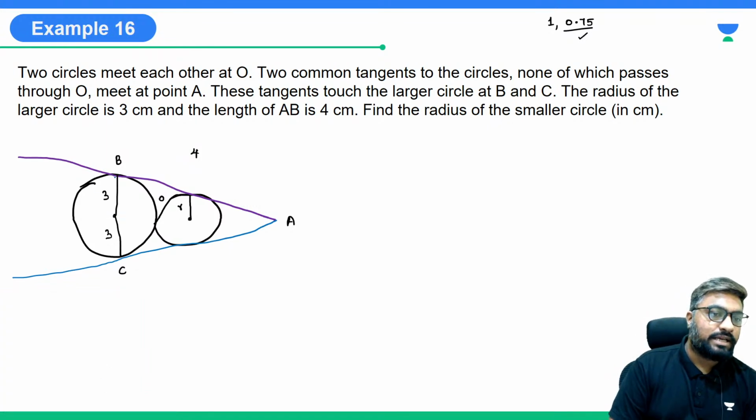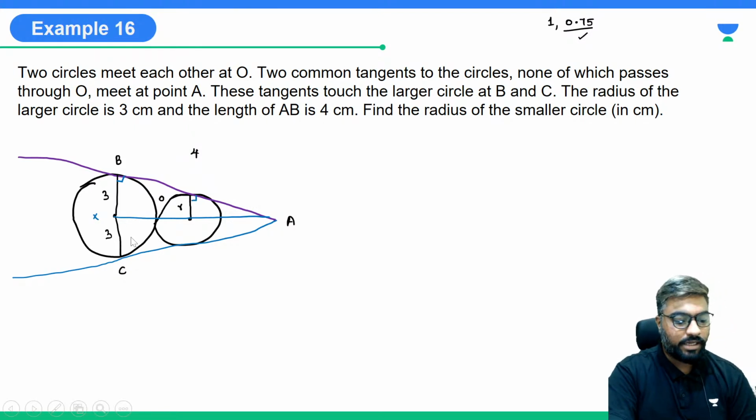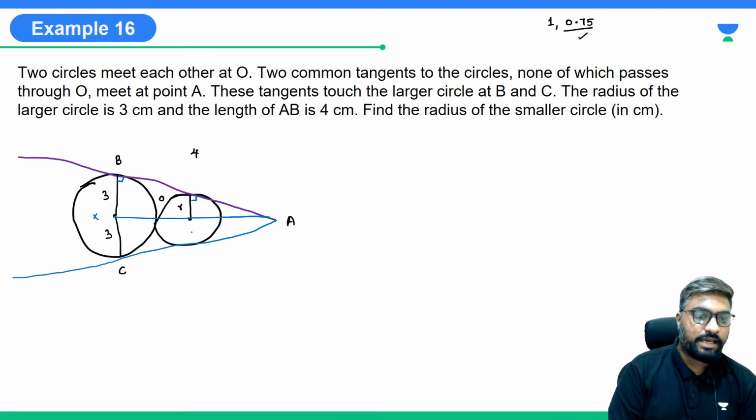So look at this. From the center, the line, the radius, will be perpendicular. Yes, from here can we find out the length of AX? Let's call this whatever, x. The length of AX will come. Do you agree, guys? We will use the Pythagoras theorem here. Let's call this x and this y, okay, the centers are x and y.